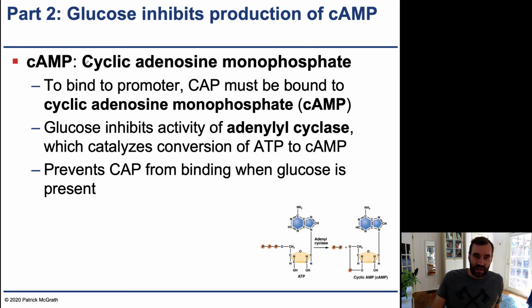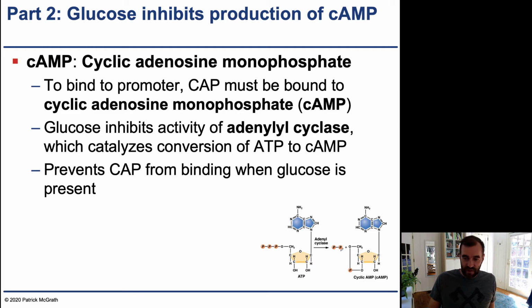So again, this is cyclic adenosine monophosphate. This occurs when you have ATP, the triphosphate, and there's an enzyme called adenyl cyclase that comes in.